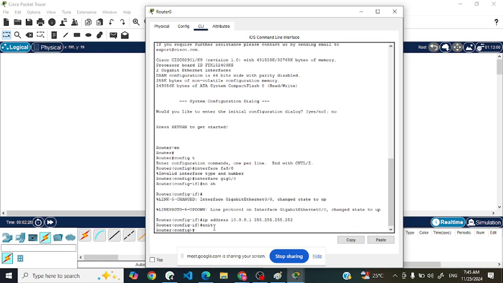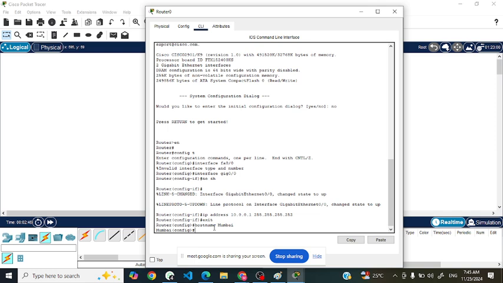What will be the next step, Abdul? Enable the password. First of all, you need to configure the host name. Is it clear for everyone? Venkat and Ravi Shankar? Yes, sir. I am configuring first of all the IP address on the interface which is connected to our PC.